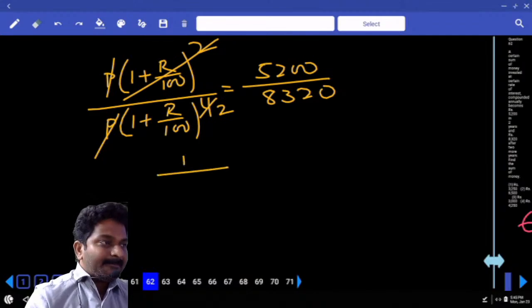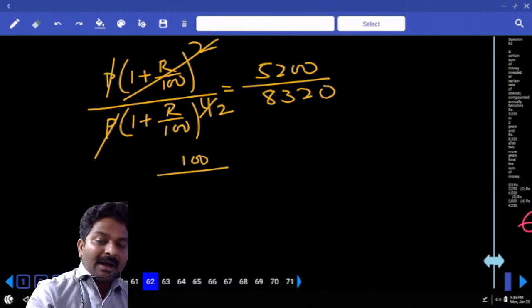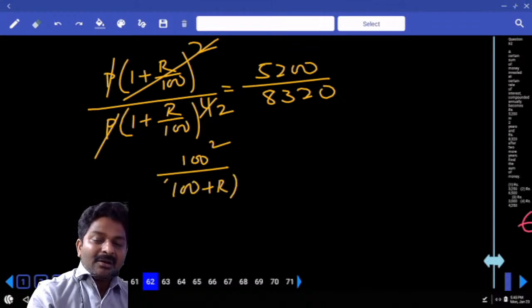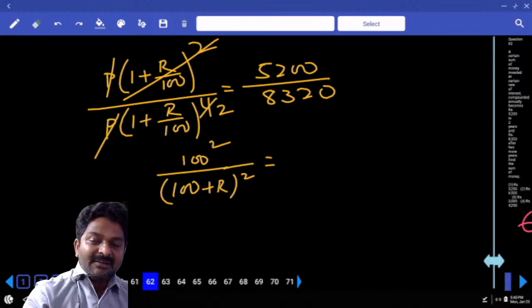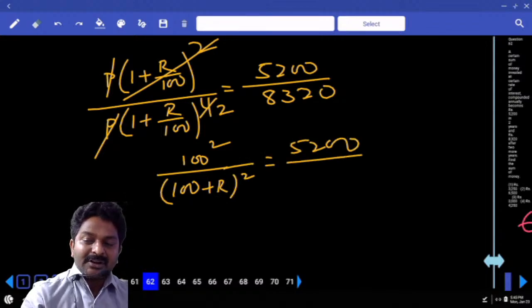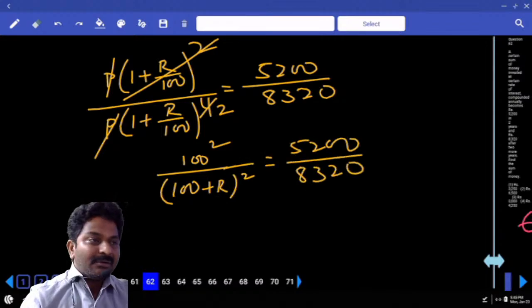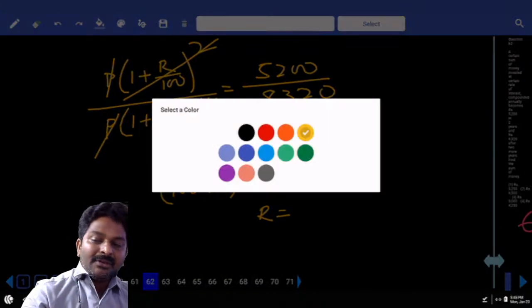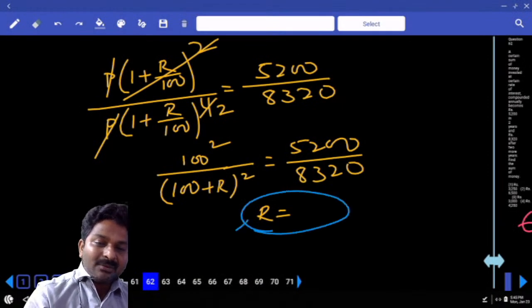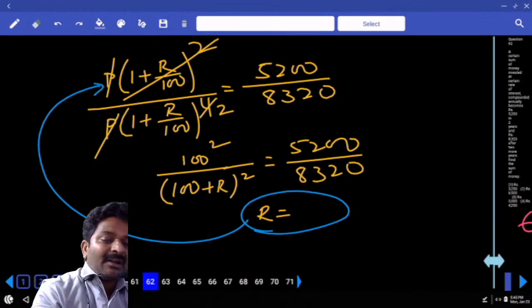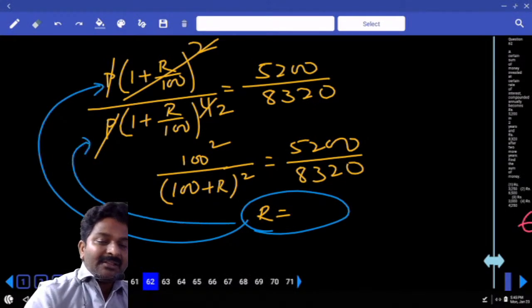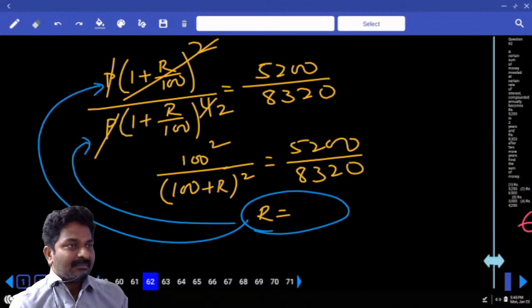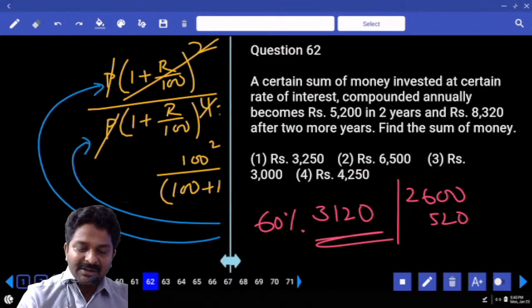So 1 by 100 square by 100 plus r whole square is equal to 5200 by 8320. If you simplify this, you will get r value. Once after getting r value, you will have to substitute this r value either in the numerator or in the denominator. Then you will get principal. That is traditional, which is lengthy and need not be discussed here.